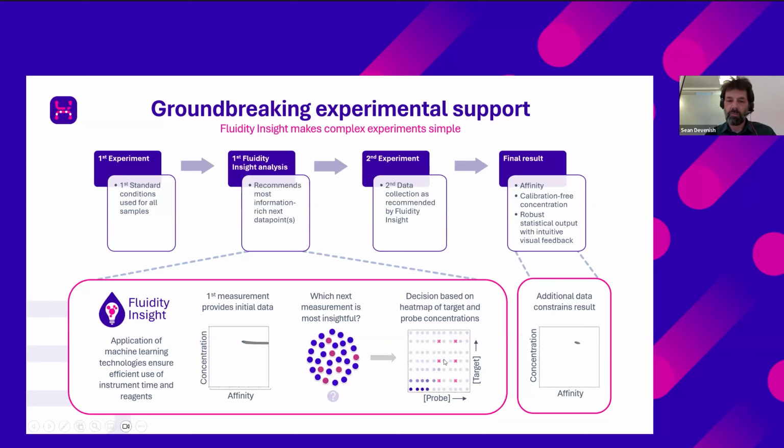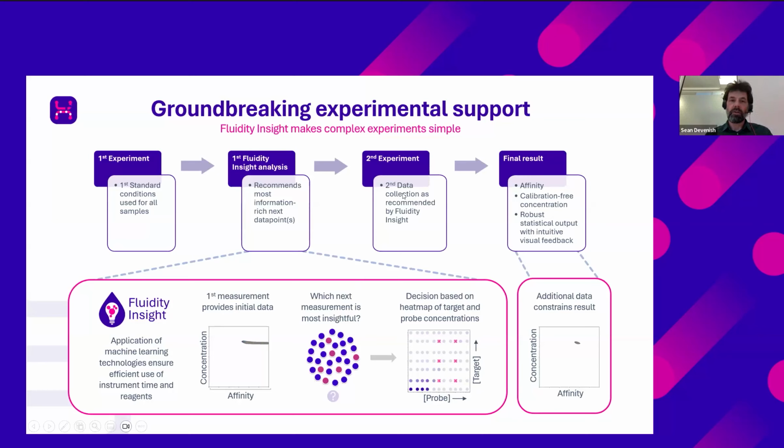So what the platform also does is organize the potential experiments and show you where to go hunting next. This is an example of the output. We can see what we've already done, and then the algorithm is recommending that we work in this bottom left corner in this case, so a low concentration of our target and a low concentration of the probe.